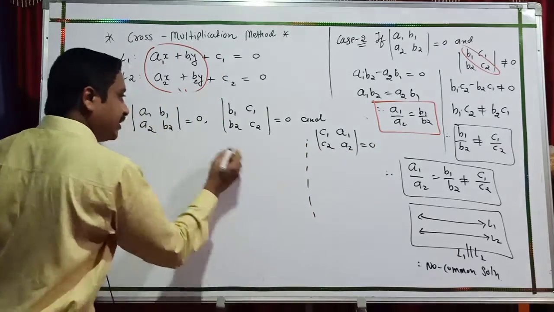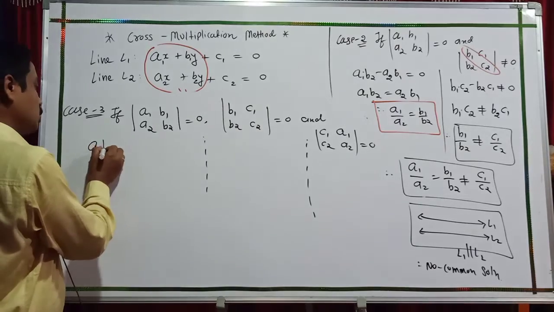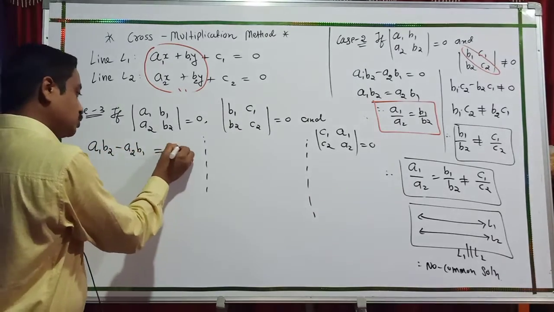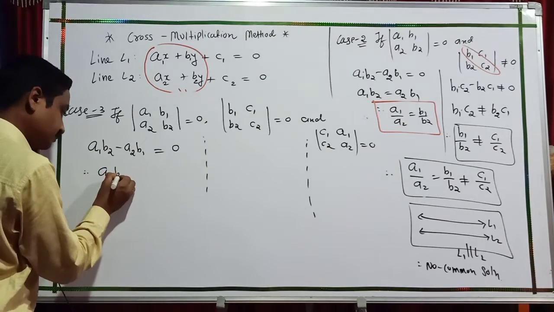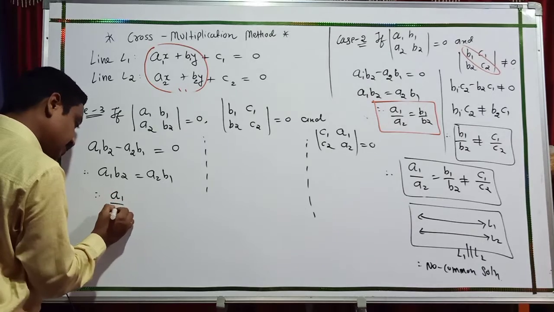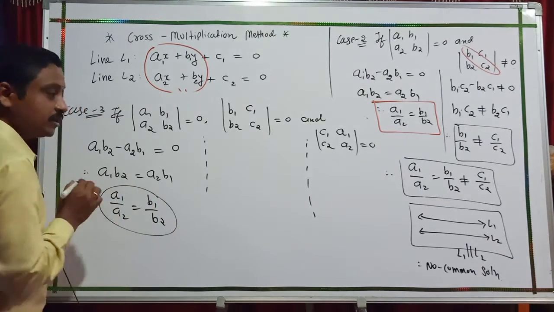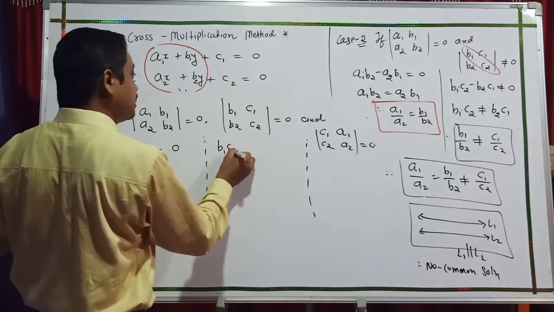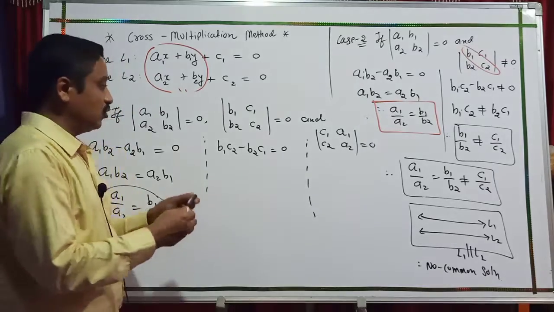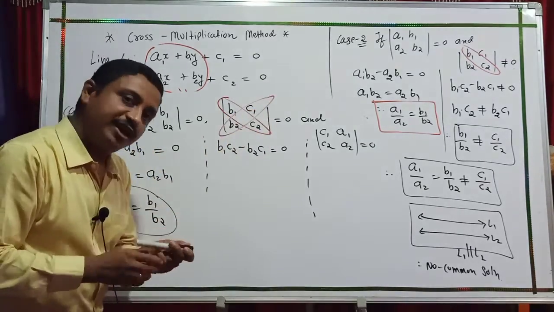Finally, if I calculate all three, here we get one more equation: A1 B2 minus A2 B1 is equal to 0. So A1 B2 is equal to A2 B1. So A1 by A2 is equal to B1 by B2. Same as B1 C2 minus B2 C1. Students, here apply your cross multiplication value for the principal diagonal, then the secondary diagonal every time.